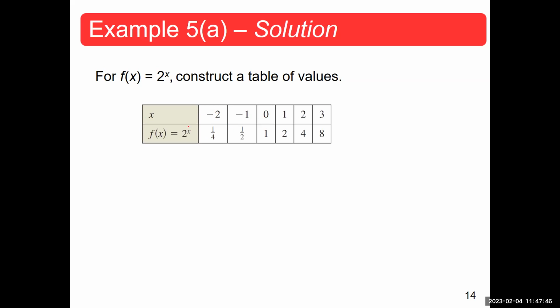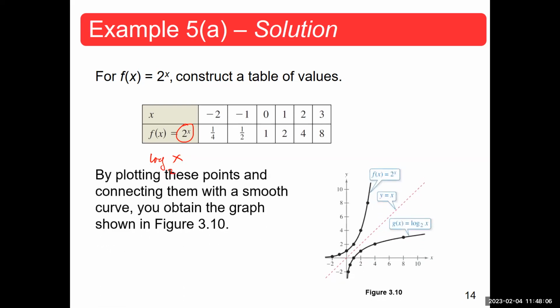We get all the values for 2 to power x. For some reason, they didn't do the table for log base 2 of x. Right now, we don't know how to do it. Later on, we'll learn how to do it. I think that's the reason they didn't make the table.